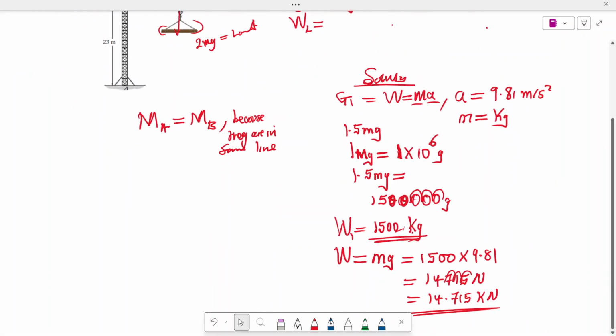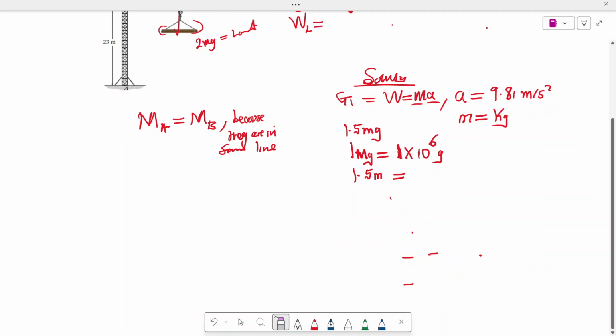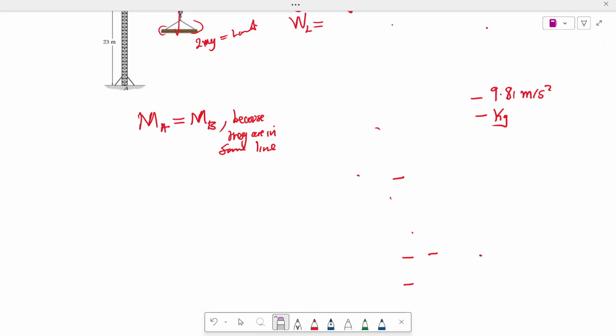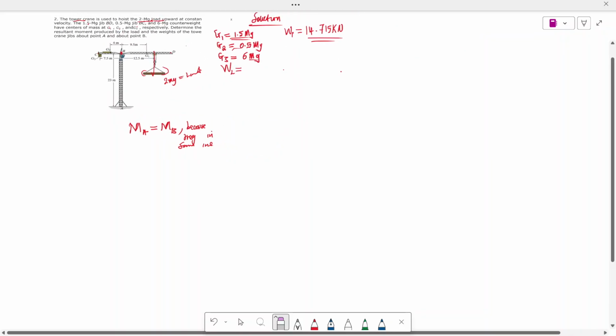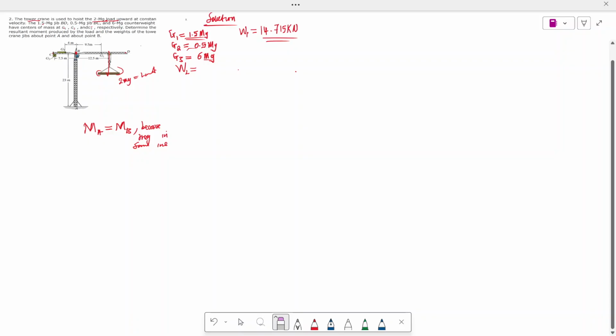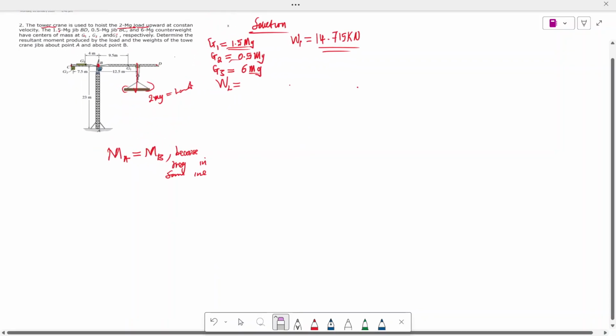Now we go to weight 2. Let me label this.